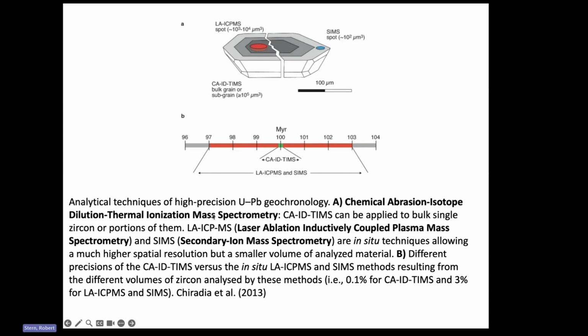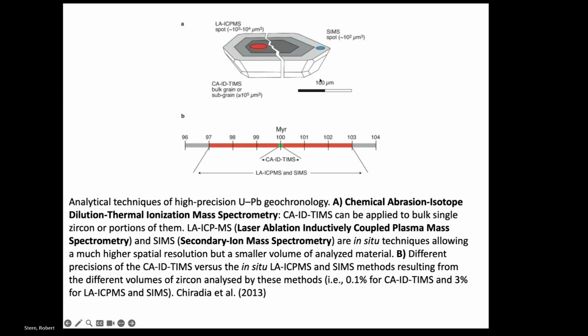Then there's laser ablation ICP-MS, laser ablation inductively coupled plasma mass spectrometry. That's this big red area. And there's also secondary ion mass spectrometry, which allows you to get a smaller spot size than with laser ablation.